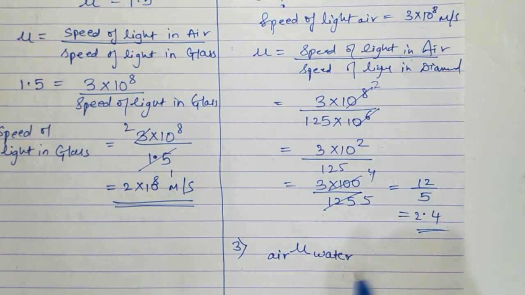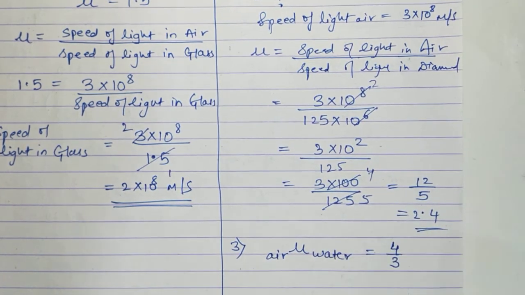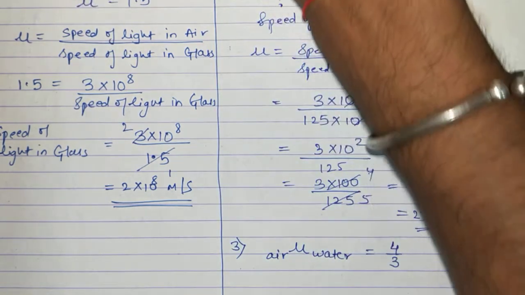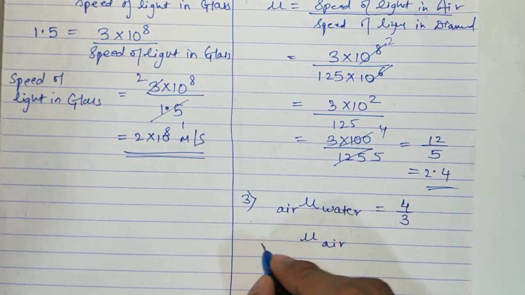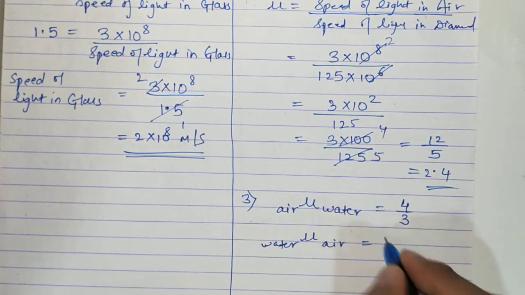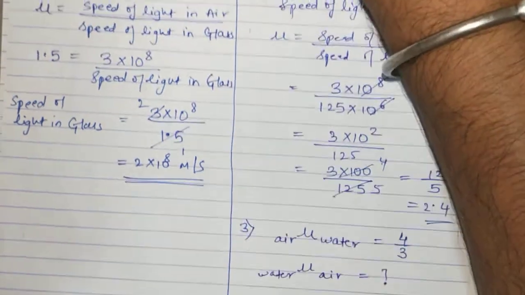They have given this value, water with respect to air is 4 upon 3. What is the refractive index of air with respect to water? So they are asking you to find the refractive index of air with respect to water. Okay. This is a simple question, very simple question.